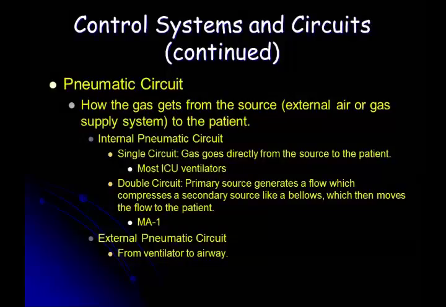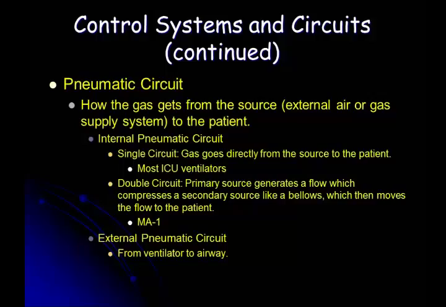The other part is the ventilator circuit itself. There's internally some gas moving around inside the machine, and then there's the external one that we have from the outlet to the patient. Internally, we can classify it as either a single circuit or a dual circuit. The vast majority of ventilators we're going to have are single circuit. The gas that's going through the ventilator is the gas that's ultimately delivered to the patient.